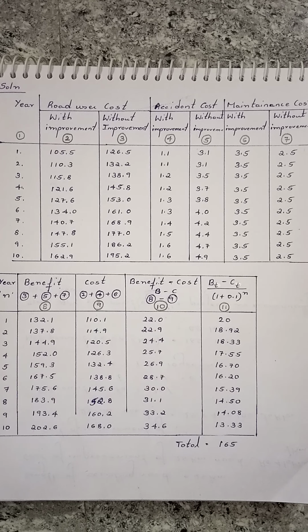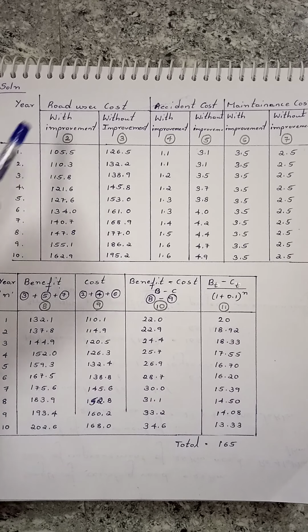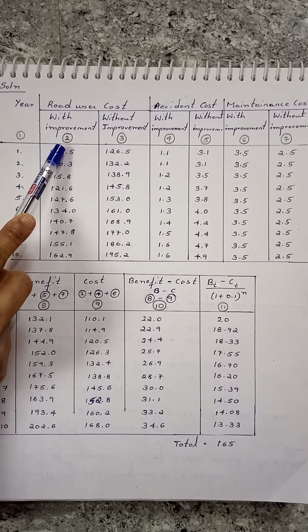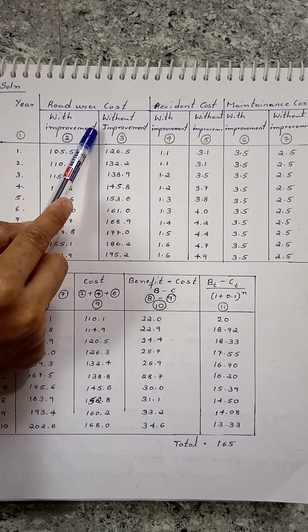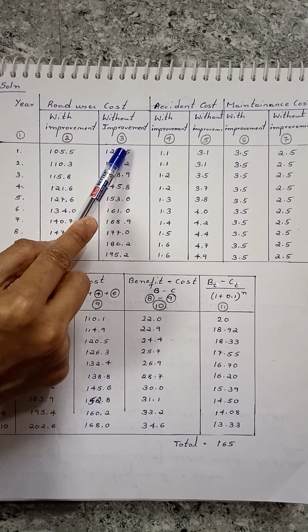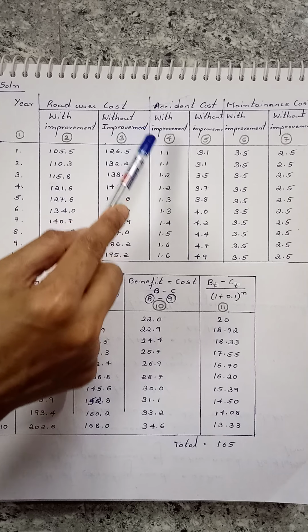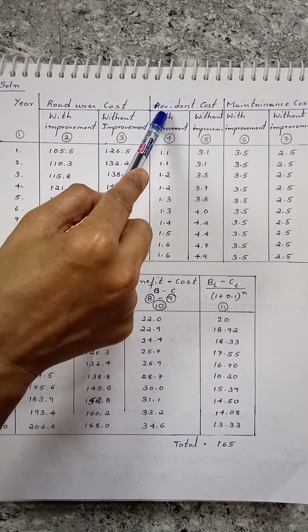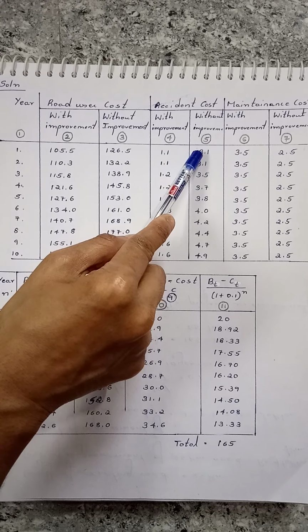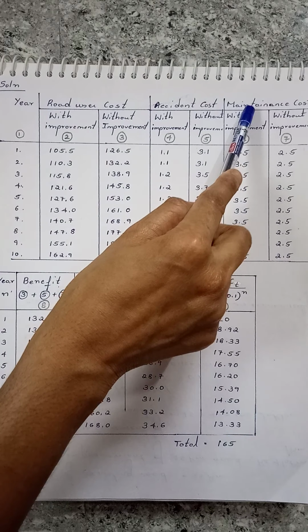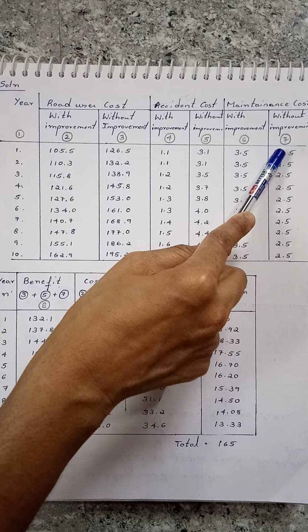I have simplified it by numbering the tabular column consisting of years as 1. Road user cost with improvement, I have numbered as 2. Road user cost without improvement as 3. Similarly, accident cost with improvement numbered as 4, accident cost without improvement 5, maintenance cost with improvement 6, maintenance cost without improvement as 7.